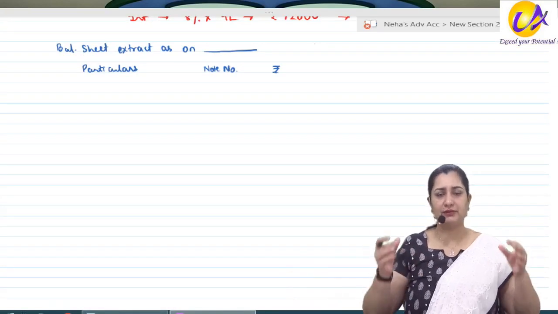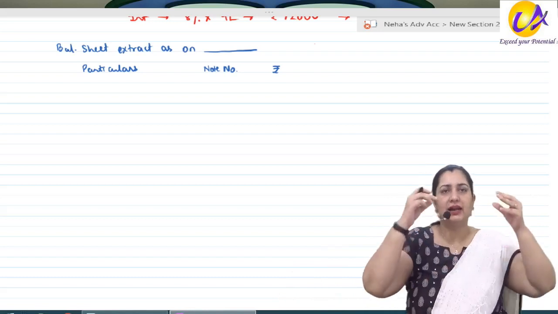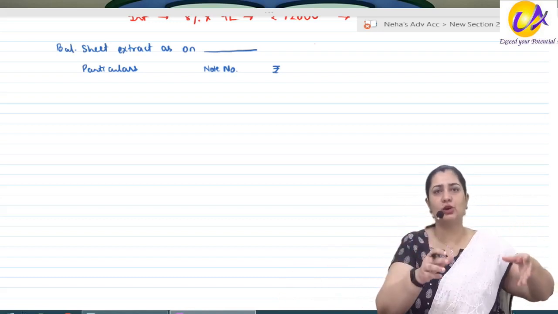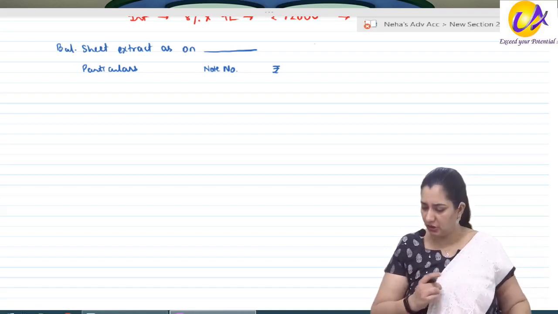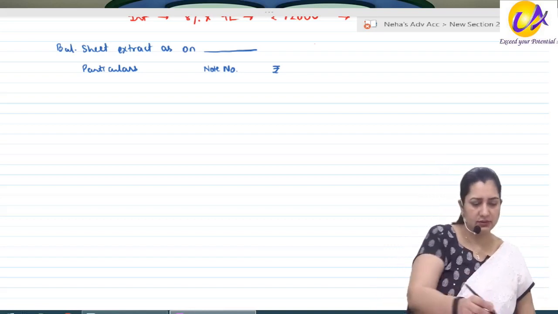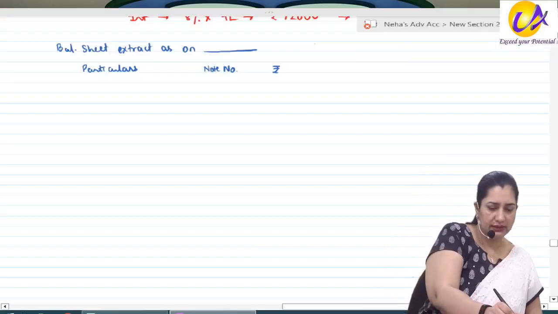Particulars, note number, rupees. Under particulars we have got equity, liabilities, assets. Then under equity and liabilities we have got our shareholders funds and all that, non-current, current liabilities.